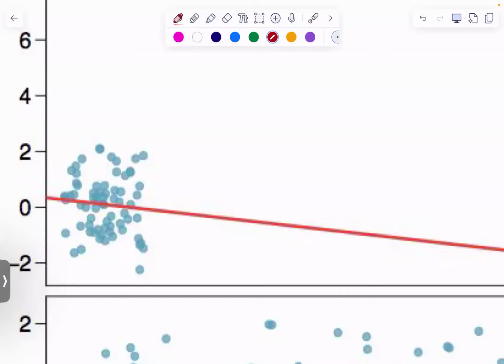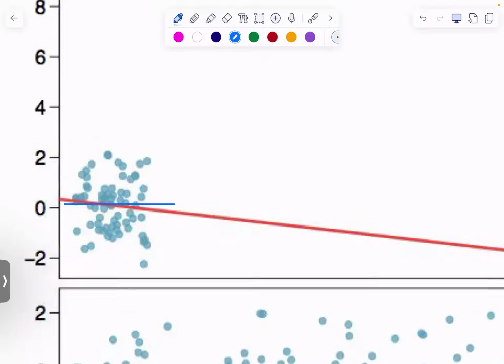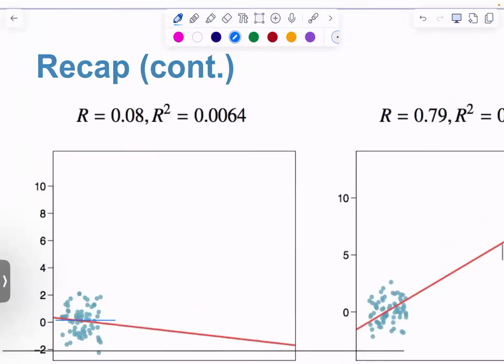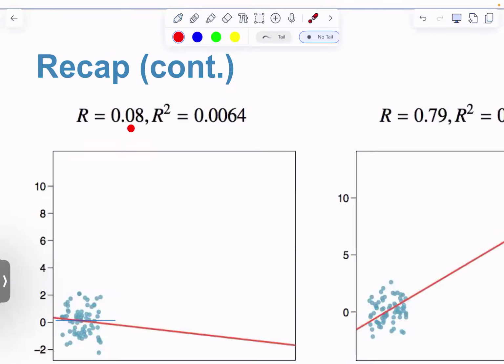They've drawn the line nicely, but here, it could just be a straight line, and it's really not contributing anything. In general, this has a correlation of 0.08, which means our R squared is itty bitty, 0.0064. It's a terrible model, and you wouldn't want to use it for anything.